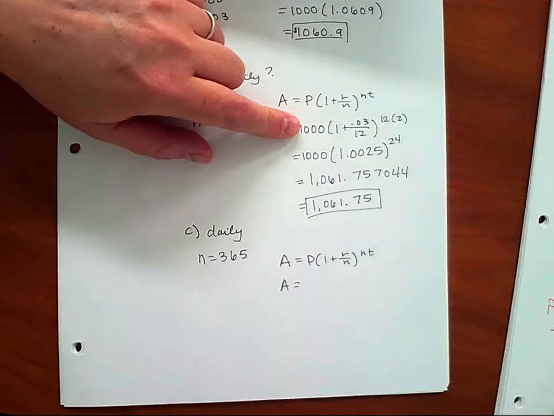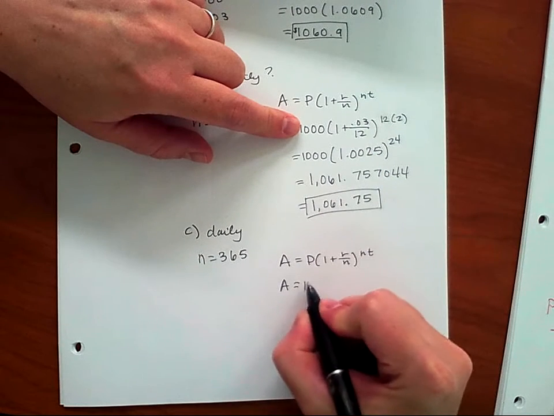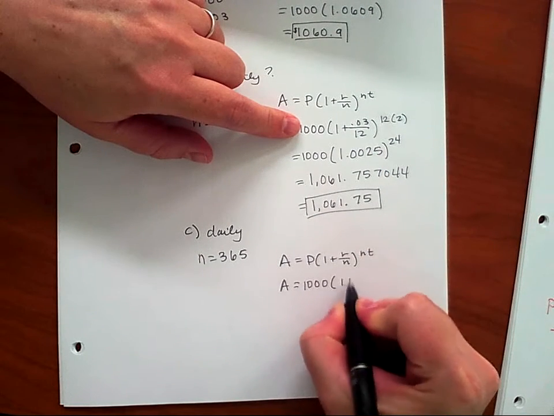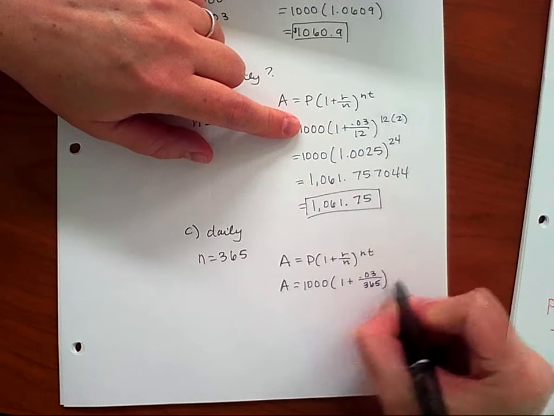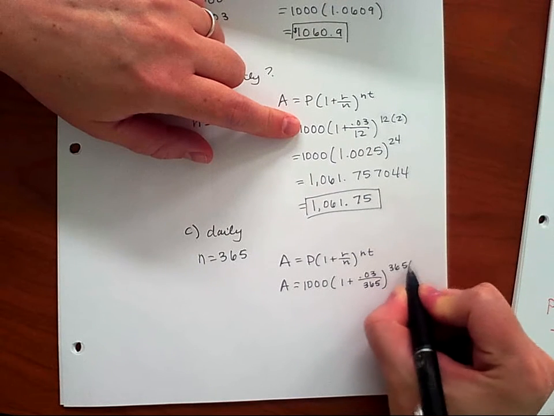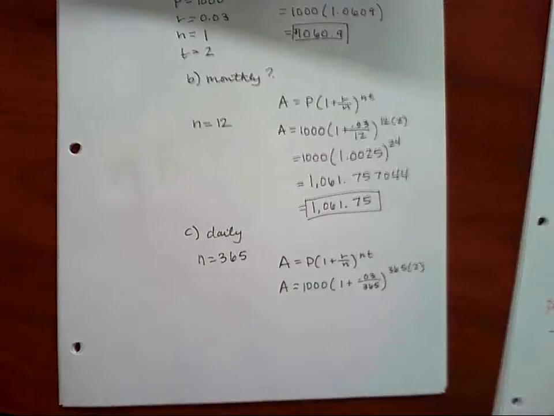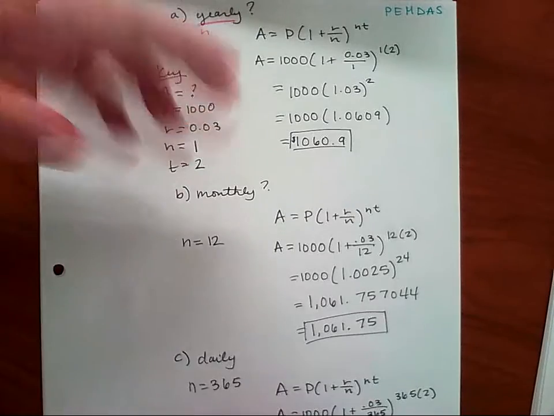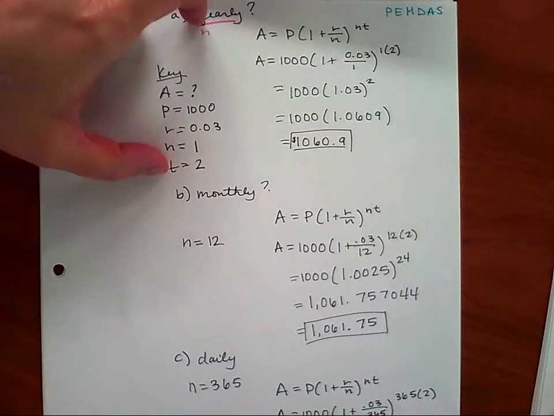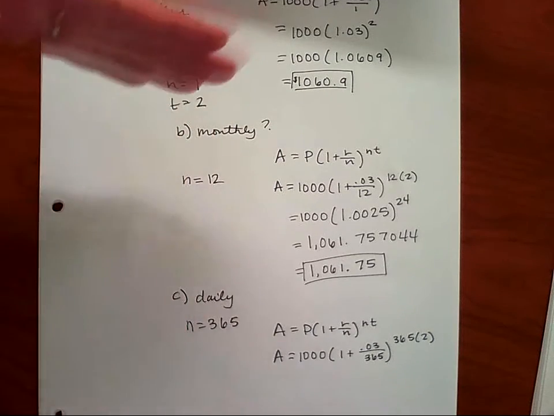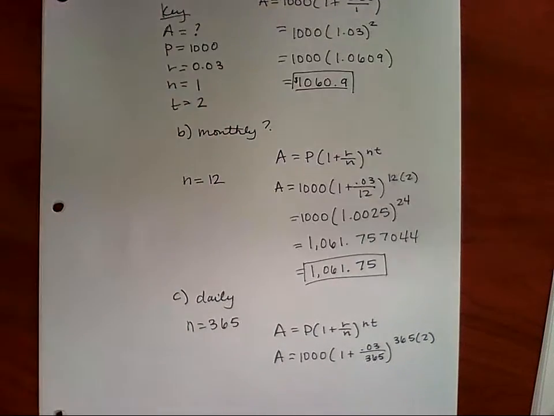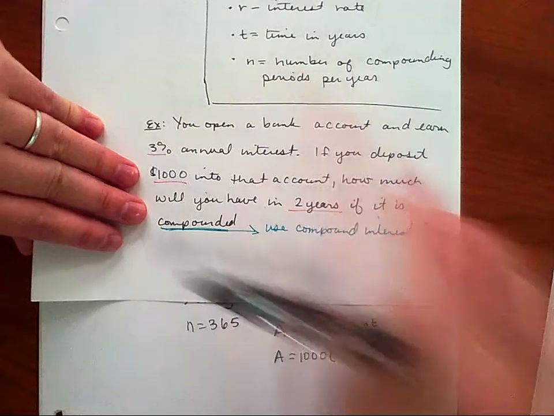That's it. If you're taking good notes, you can just look back and plug in, if you understand that N is the number of times per year.